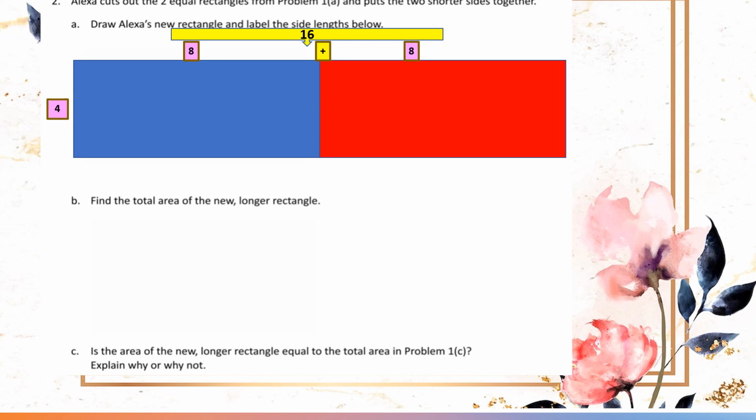So my area formula for this one is going to look a little different just because of the way that we've changed the location of our rectangles. So our area equation for the two long rectangles, now one big long rectangle, they're just pushed together, is going to be 4 times 16.